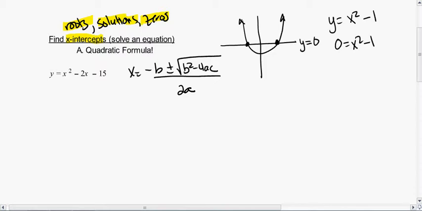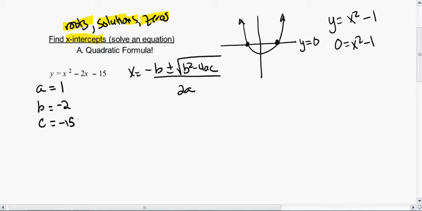And as soon as I've written down the formula, I want to figure out what a, b, and c are. Remember, those are the coefficients of the various terms in the quadratic equation. A is going to be the coefficient of the squared term, so a is 1. B is the coefficient of the linear term, b is -2. And c is the constant term, in this case it's -15.